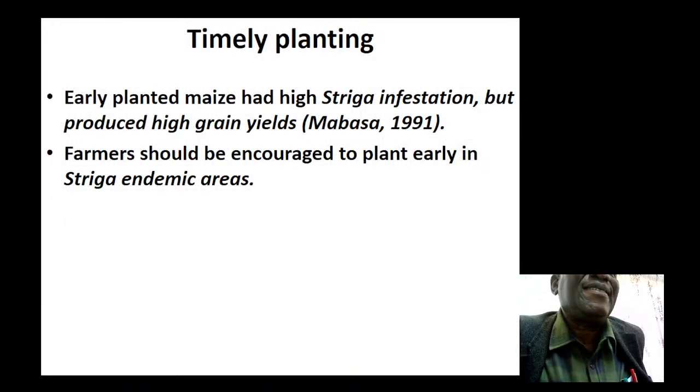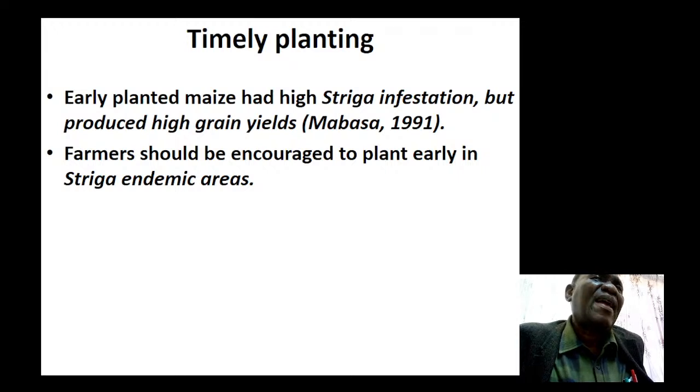Timely planting. In this country, we found that if we planted maize early, we could increase grain yields, but the number of Striga infestation was not reduced.